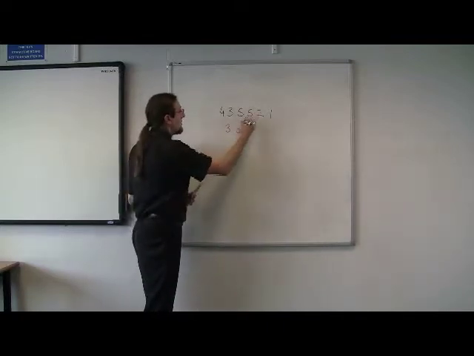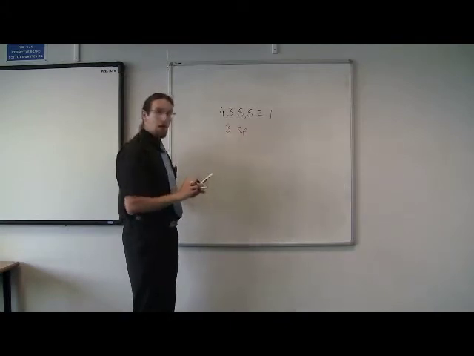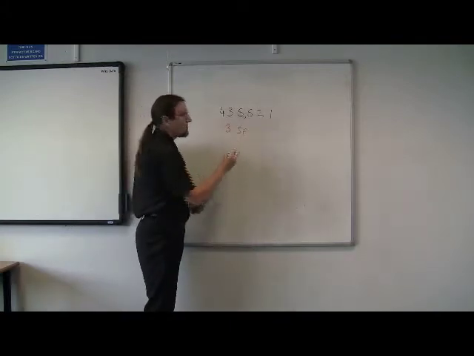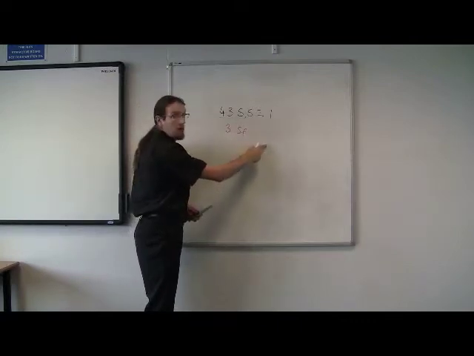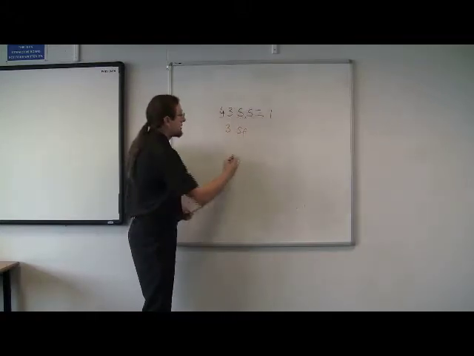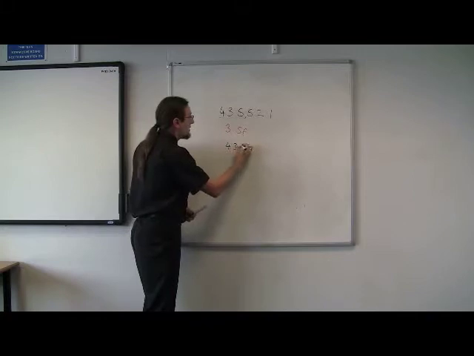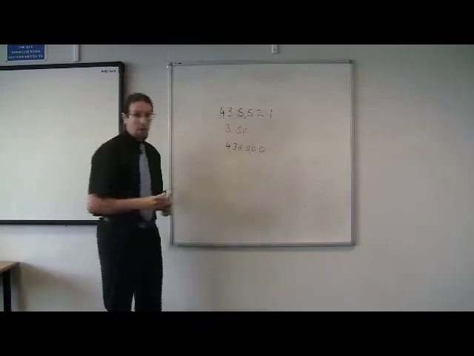At the moment, we have 435,521. We're interested in the first 3 numbers, so we would have 435,000. However, the number following means we have to round up. So the number becomes 436,000.